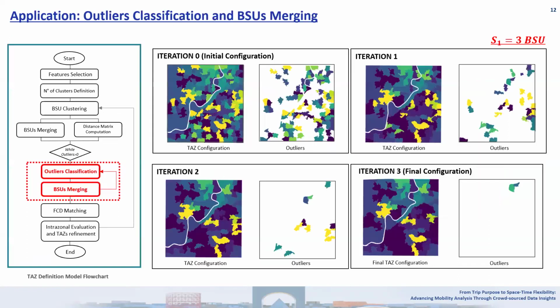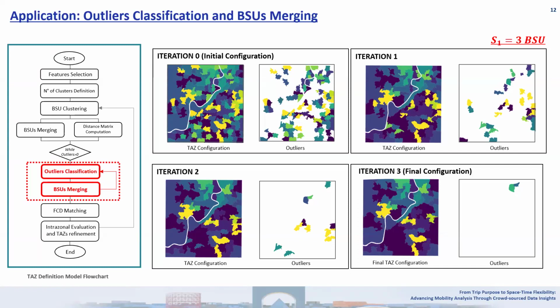However, if the aggregation of these contiguous basic spatial units, considered homogeneous in terms of the important features we selected, did not form a big enough traffic analysis zone, which in our case had to contain at least 3 of the basic spatial units, then the rest of the basic spatial units were considered outliers that we had to reclassify to match them with the most likely configuration, the most similar cluster.